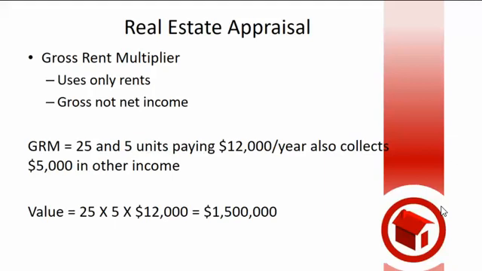If the gross rent multiplier is 25, literally take the gross rents. What's the gross rent? 5 times $12,000? $60,000. Doesn't matter what the expenses are because the gross rent multiplier is not using net numbers, it's using gross numbers. Then you would literally take that 60,000 times 25, $1.5 million.